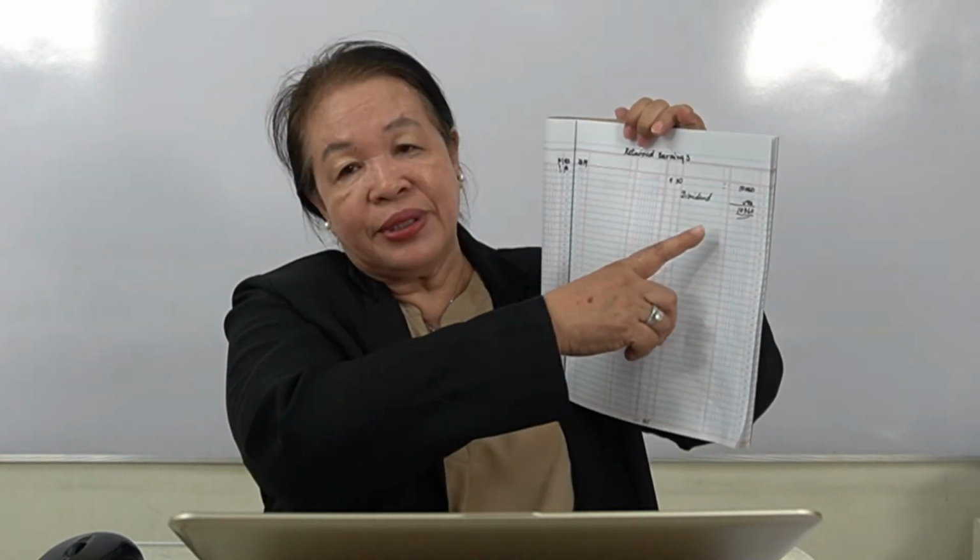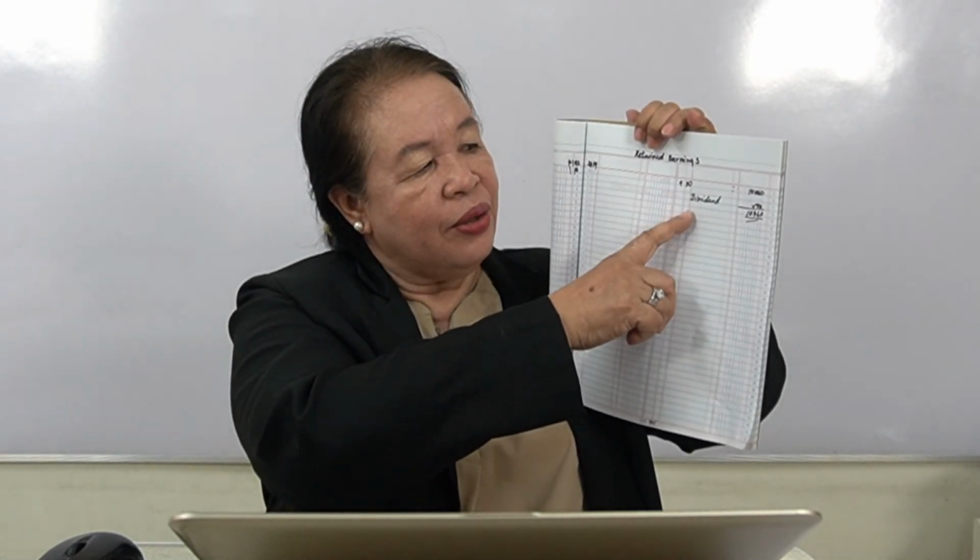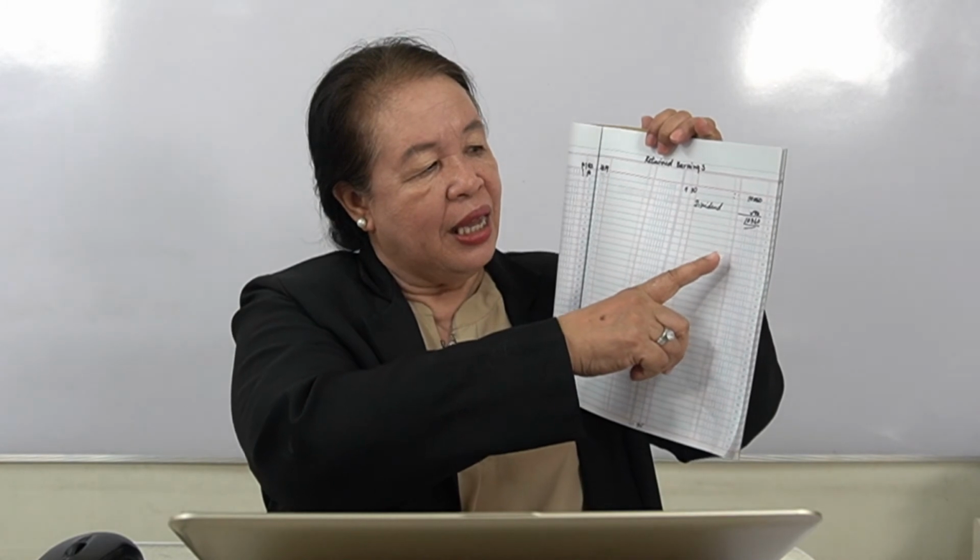Kasi wala pa tayong computation dahil hindi pa natin nagawa yung income statement. Pero, yung retained earnings talaga dyan is 10,860. And then, yung dividend na 500. Kaya, ang retained earnings natin dyan na total, 2,360 na lang itong retained earnings natin.